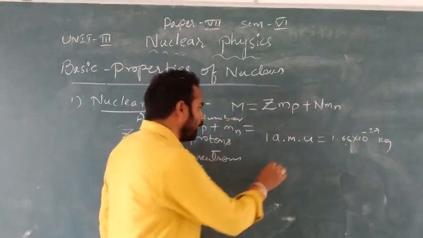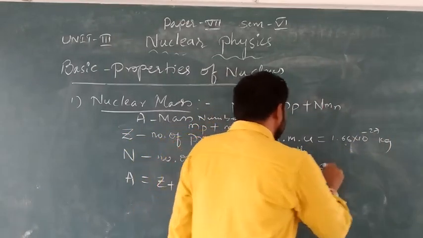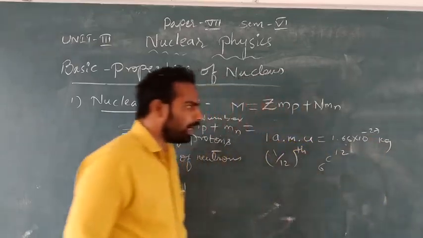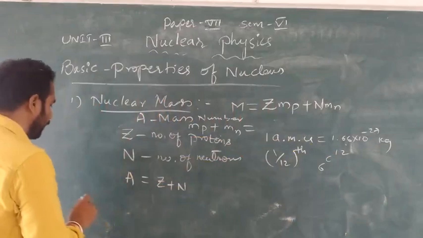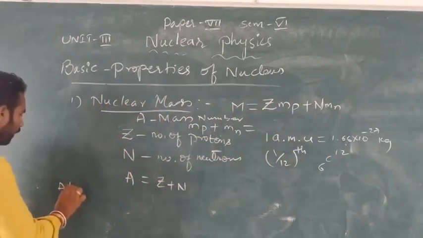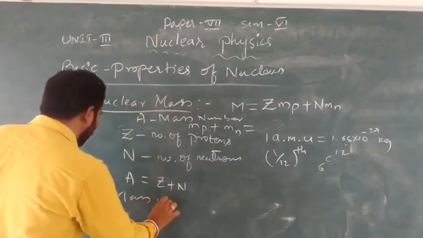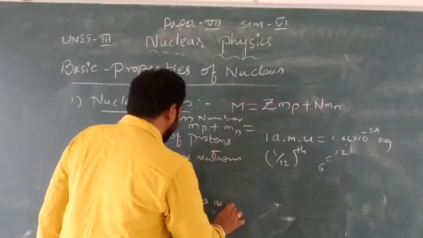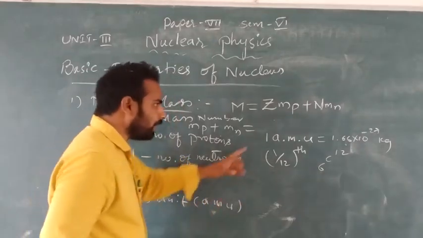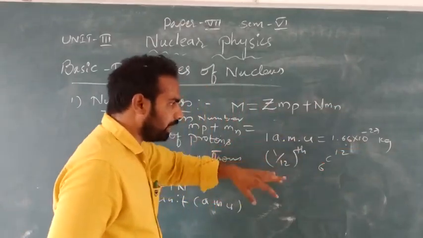This is 1/12 the mass of a carbon-12 atom. So AMU is atomic mass unit, and 1 atomic mass unit is equal to 1.66 into 10 power minus 27 kg.